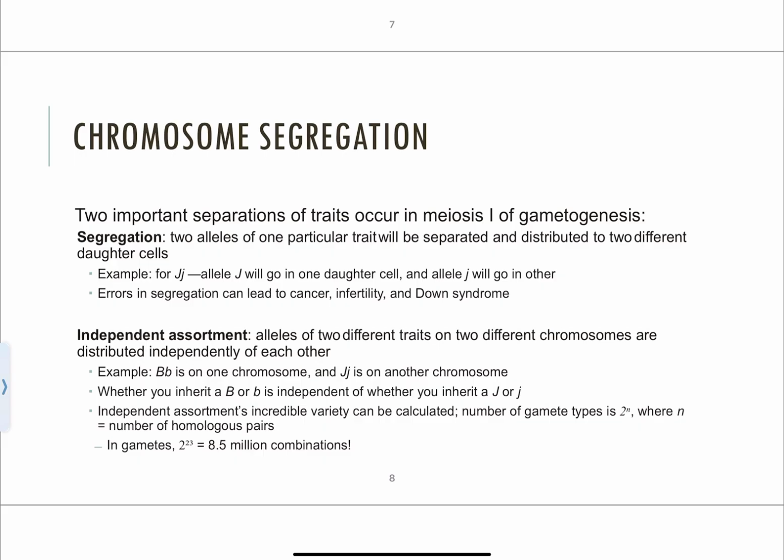So whether you inherit the dominant or recessive allele of one trait is going to be independent of whether you inherit the dominant or recessive allele of another trait. So that's independent assortment. So this is going to vastly increase our genetic variability.